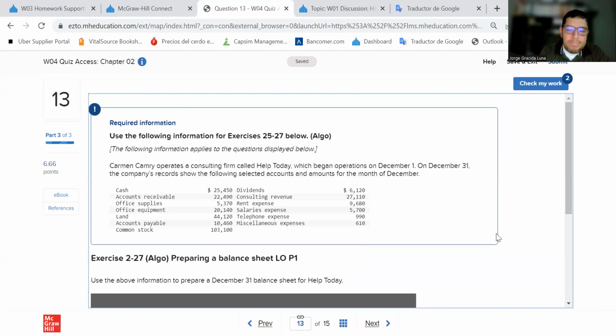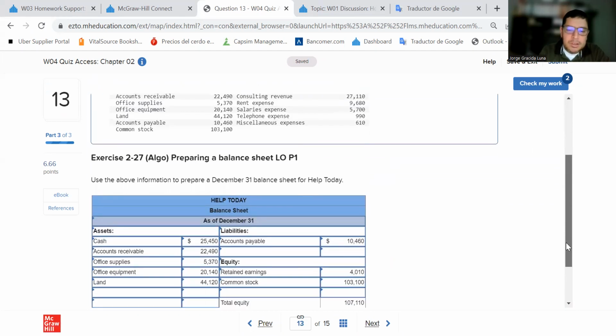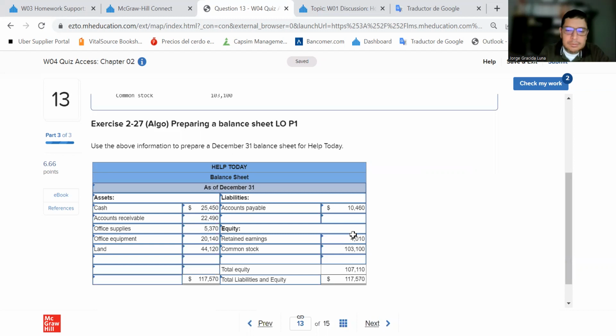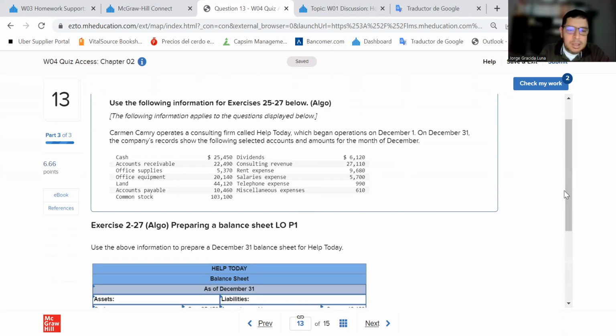So we just add here common stock, which we can find in this report, and we can see it is 103,100.